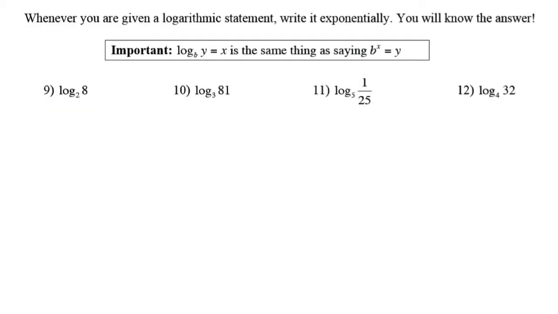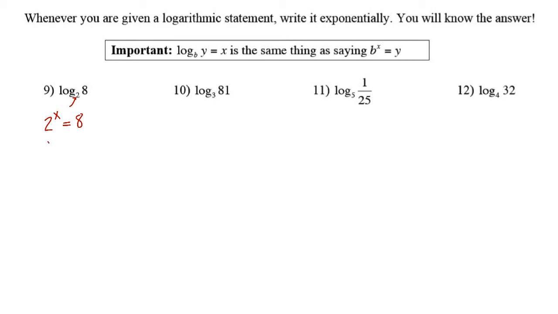Okay, now here, whenever we are solving our logarithms, we have to keep in mind our exponents because it's very similar to the same thing as talking about exponents. And what this is saying here is 2, this is our base, and it's saying 2 to what power gives me 8?